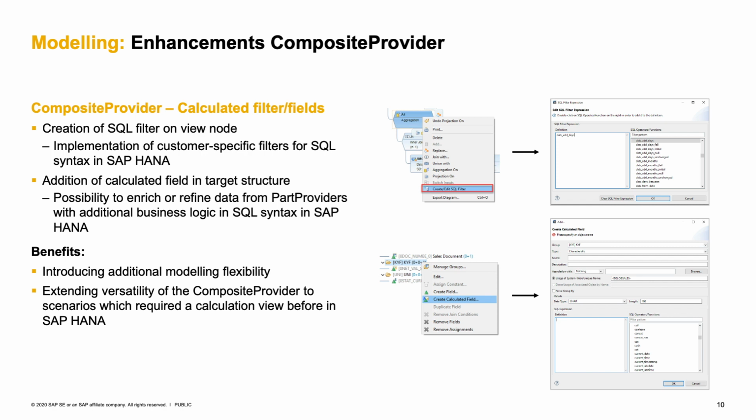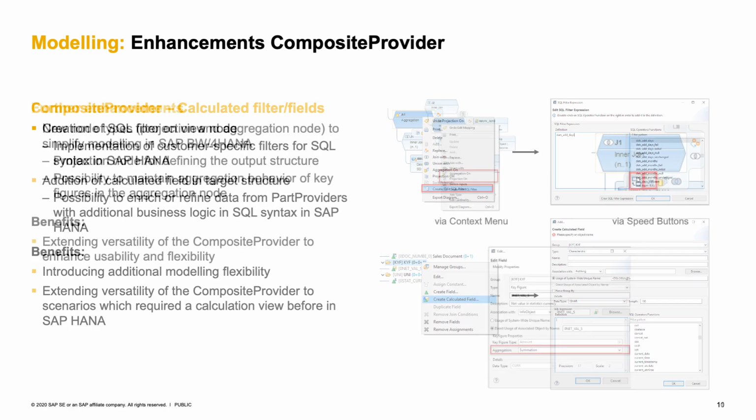And then we also have the possibility to bring in calculated columns and populate those columns with your own logic implemented via SQL syntax. So it's also a quite interesting possibility for you to really nail down your scenarios and requirements and implement them with the composite provider. Again, we have added a new degree of flexibility for the composite provider.